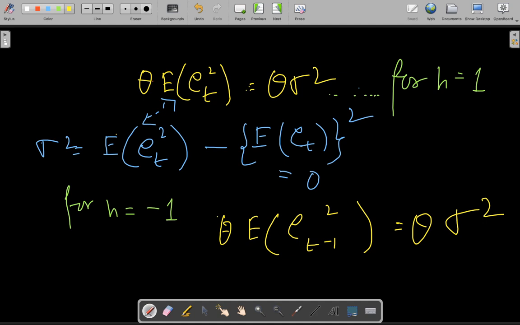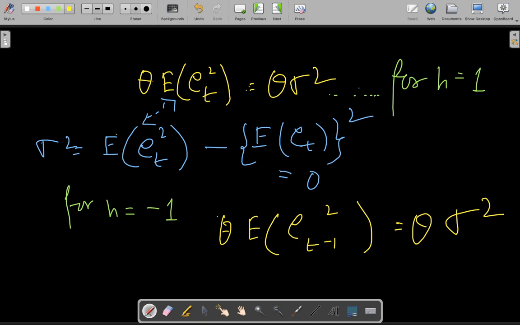Now the last part is where I put h is equal to 0. That means there is no lag at all, so I'm basically considering the same period value. I'm not actually taking a last period average, I'm taking the same period average.